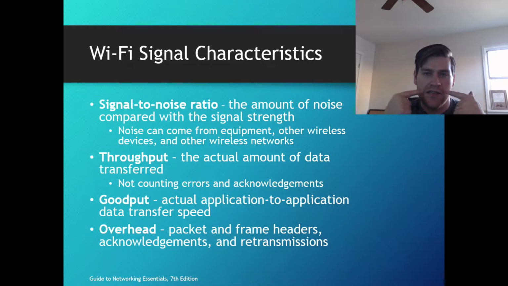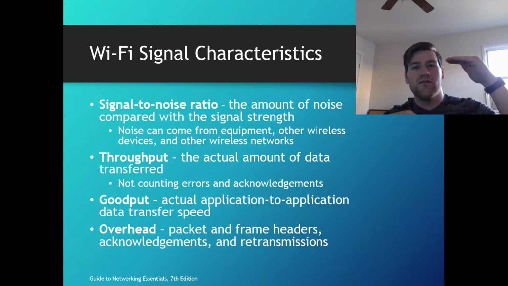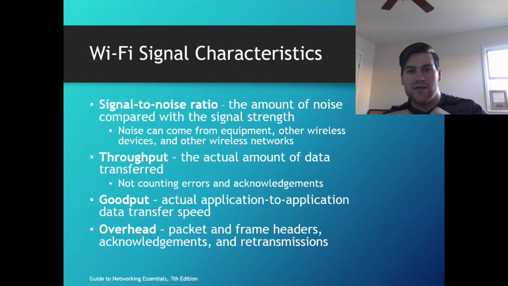It's measured in the same way as sound volume, in decibels, and you increase the power output, increase the signal, however you want to put it, by raising your voice in the analogy. You raise your voice to overcome the noise in the room, and wireless networks do the same thing.